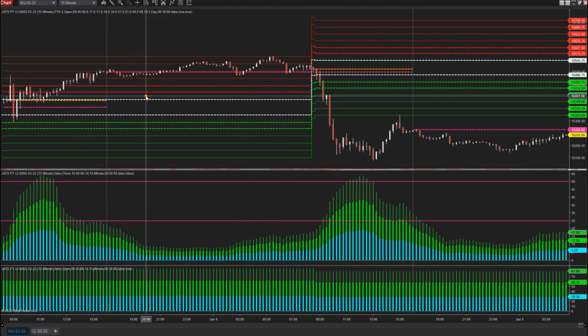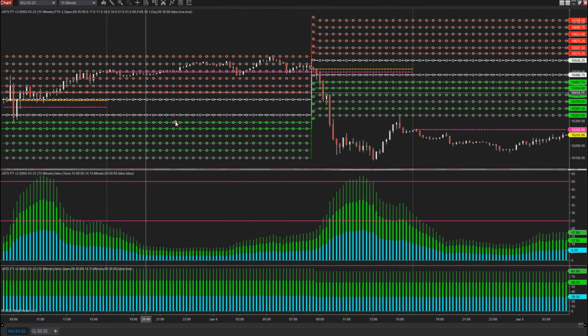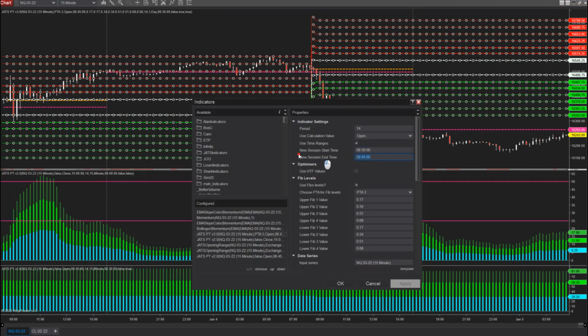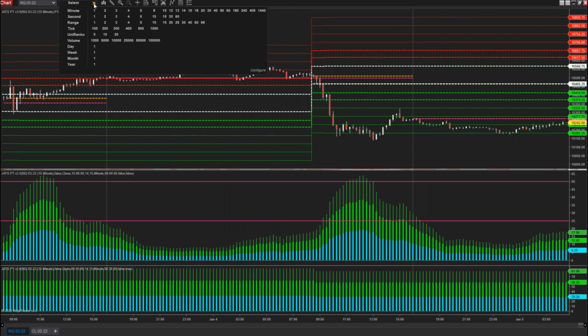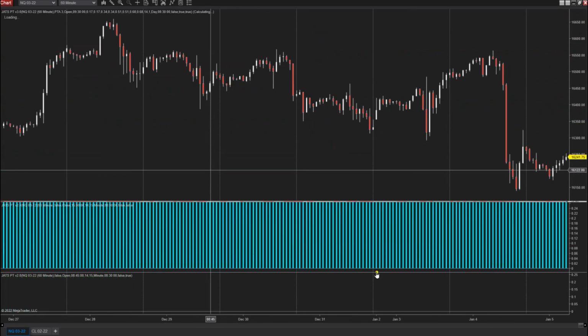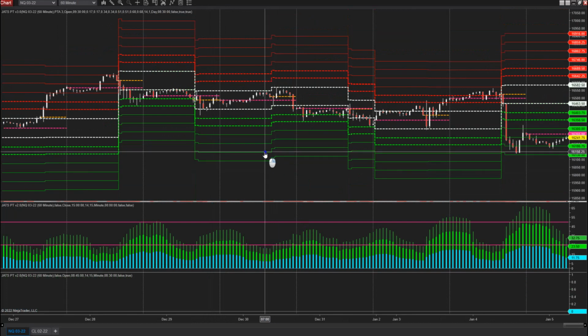We can do the same thing for the 1 hour range. Let me change this to the 1 hour and put it on a 60-minute bar, and let me change my bottom oscillator.